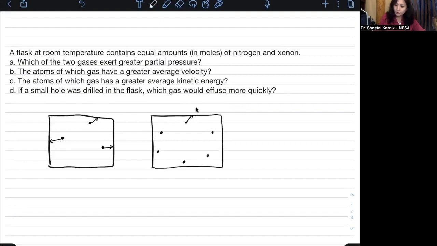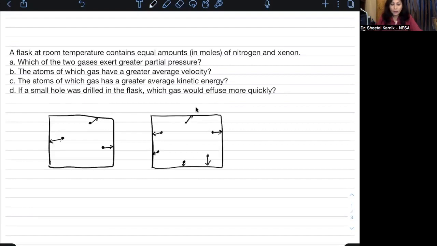So here you're going to see more pressure being exerted. In other words, the partial pressure of a gas is directly proportional to the number of moles of the gas.